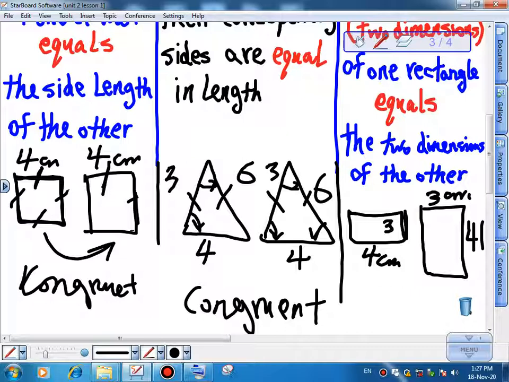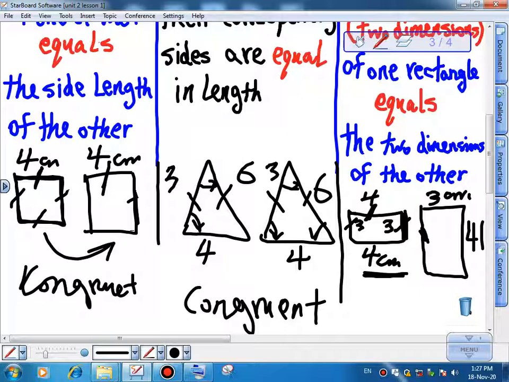Why didn't I check the other sides? I know a rectangle has two dimensions, length and width. If this length equals 4, the opposite side is also equal to 4. And if the width equals 3, I know the opposite side, which is the other width, also equals 3.